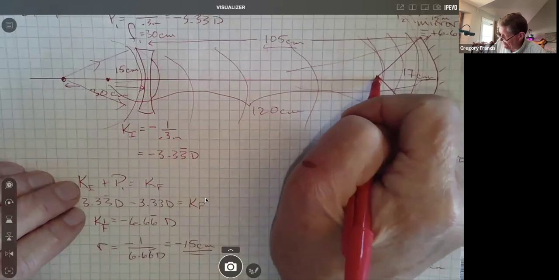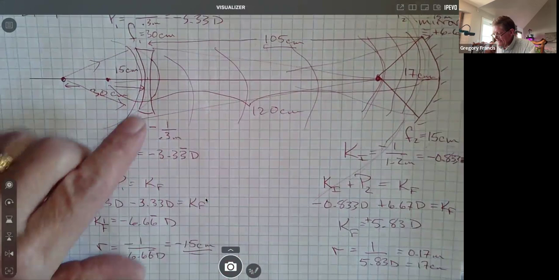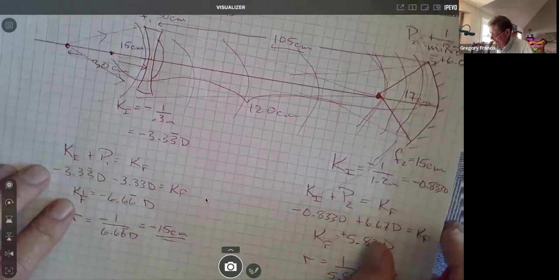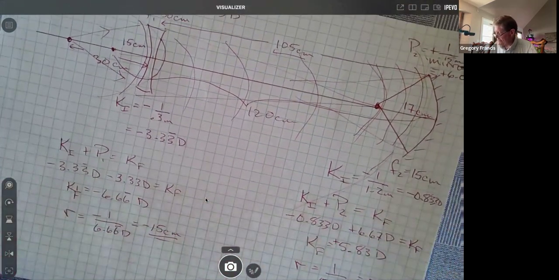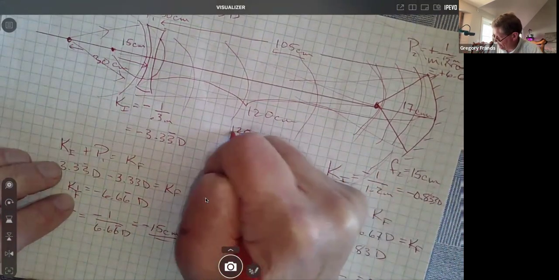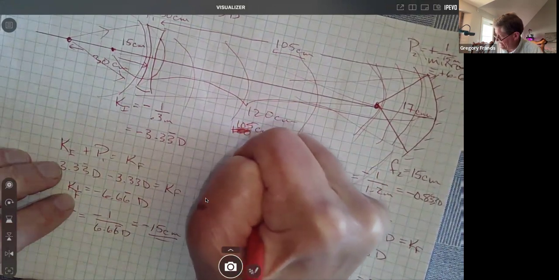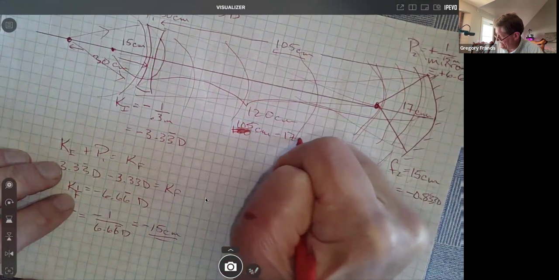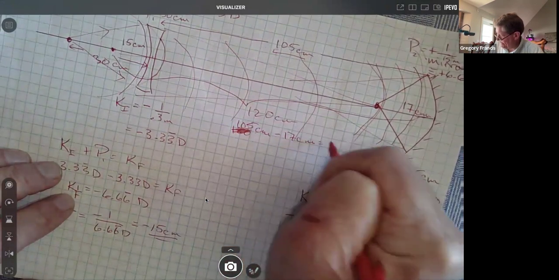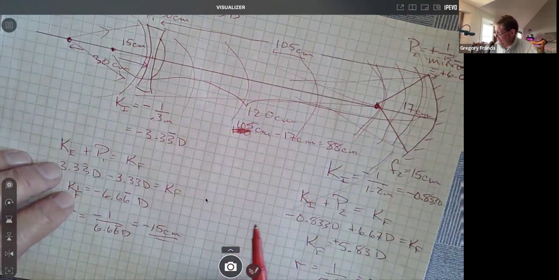Now, when it spreads out again and gets to the lens, it has traveled a distance of 105 centimeters minus 17 centimeters. Well, that's 88 centimeters. Okay.